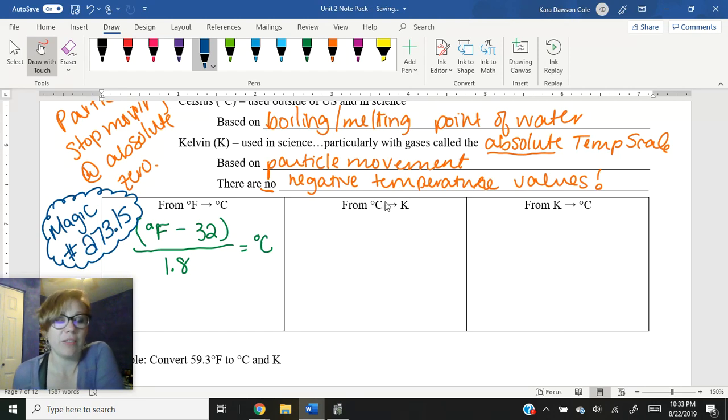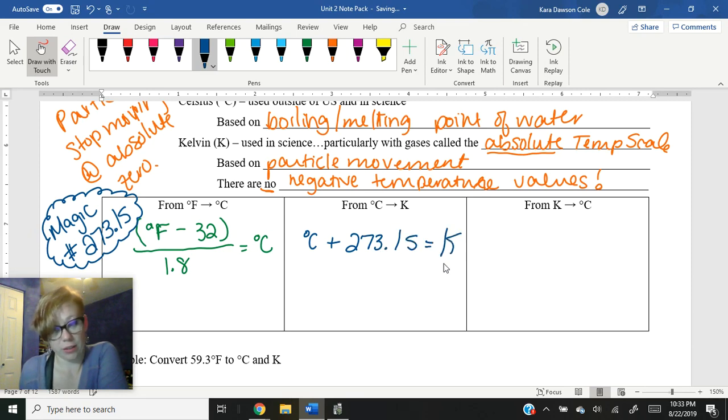So to get from Celsius to Kelvin, it is 1 to 1. So 1 degree raise in Celsius is a 1 degree raise in Kelvin. I would take my degrees Celsius, add 273.15, and that gives me my Kelvin value.